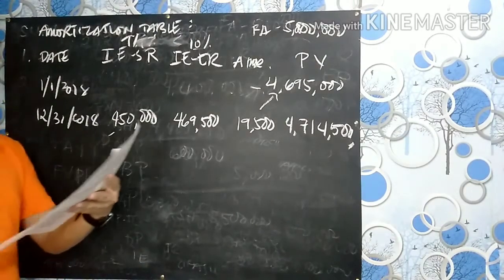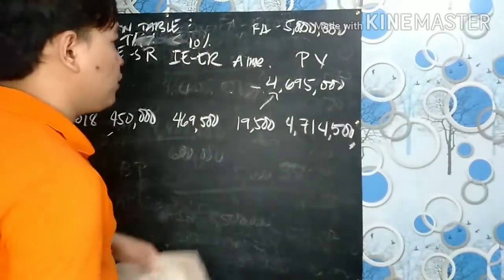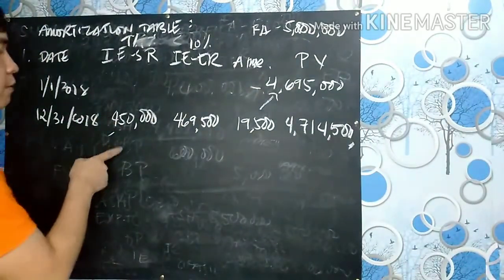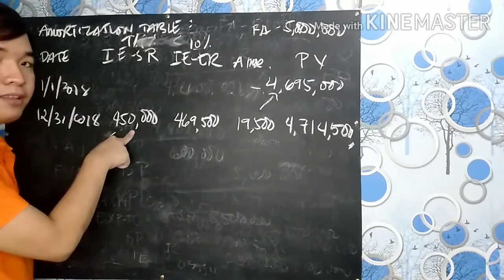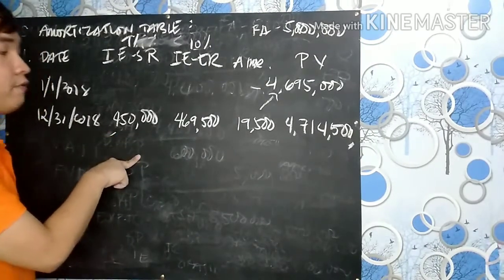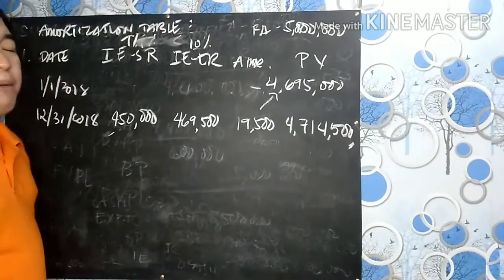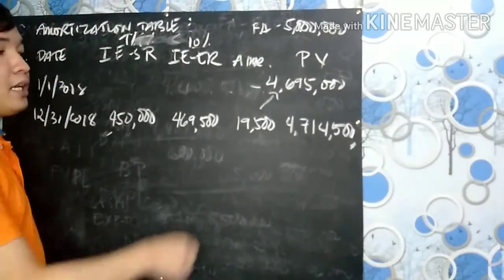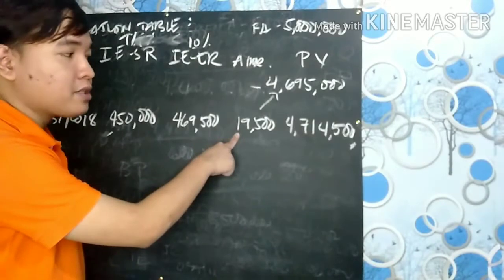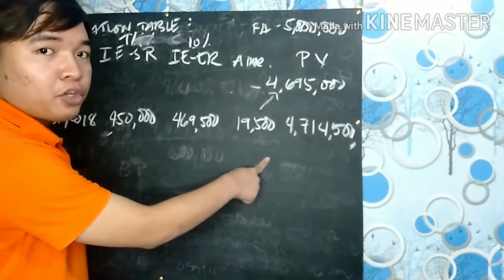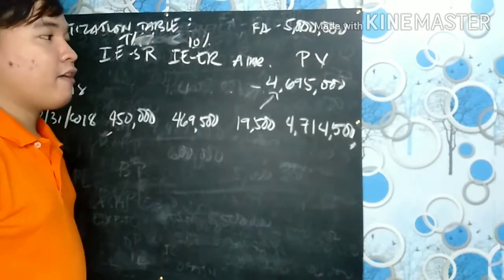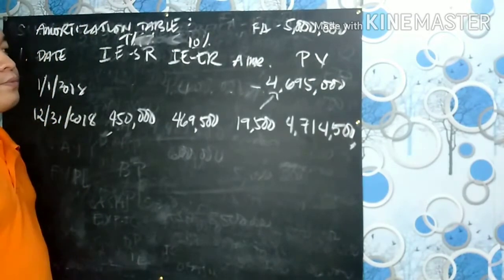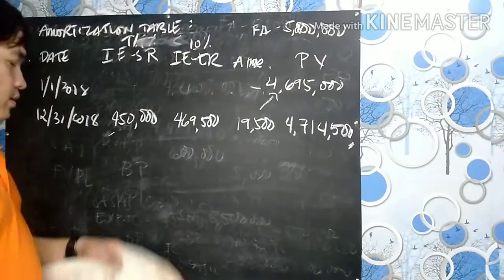Tapos, credit tayo of course ng bonds payable na 5 million. Nung nagka-interest expense tayo, nagbayad tayo ng December 31, debit tayo ng interest expense for 450,000, credit tayo ng cash for 450,000. Amortization, debit tayo ng interest expense 19,500, credit tayo ng discount on bonds payable na 19,500.